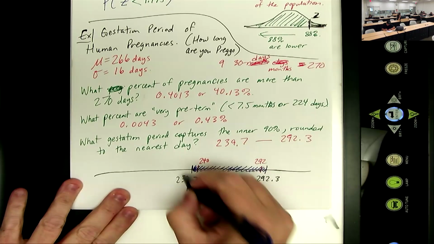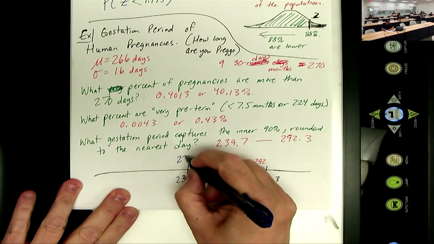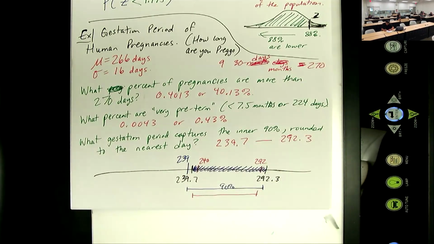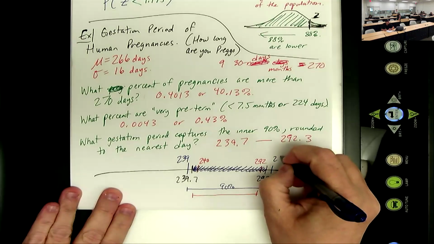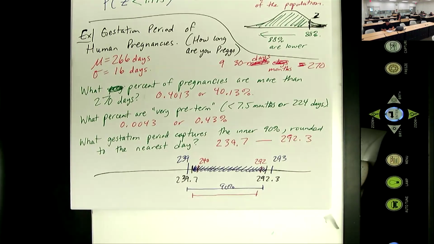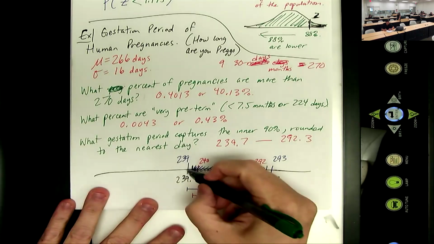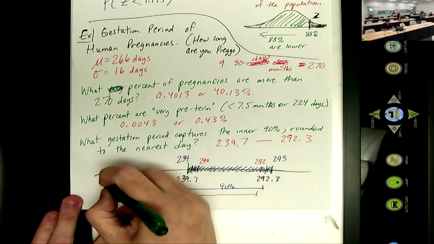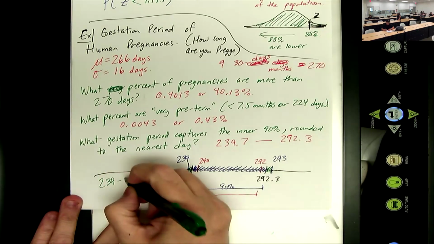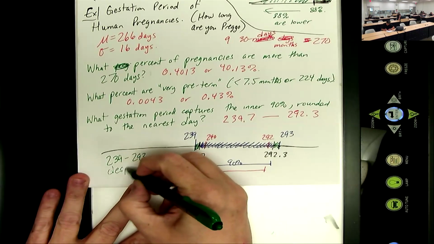So to still get a whole day, I would go down to 239, even though that's not the correct way around. I still capture that 90% that way. And here I would go up to 293, which is getting more area, but at least it gets the inner 90% and meets the criteria. So the correct answer here would be 239 to 293, despite rounding the wrong way on both.